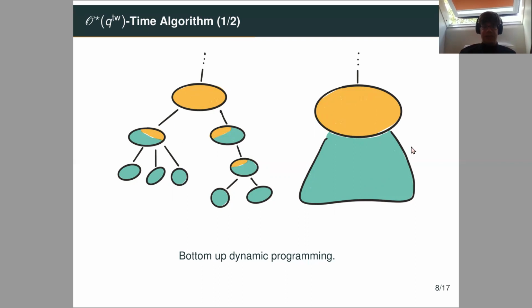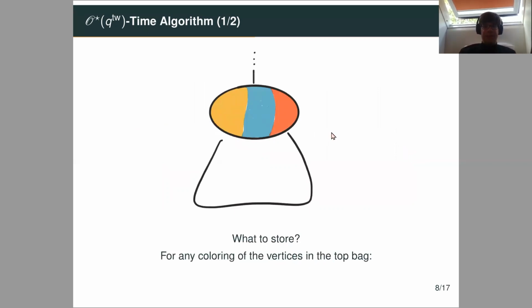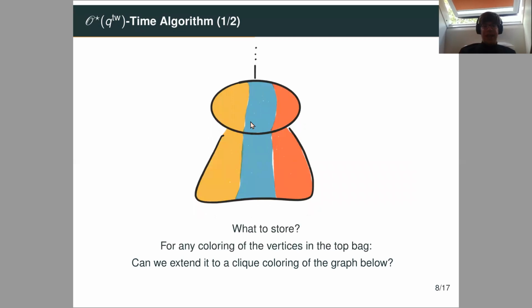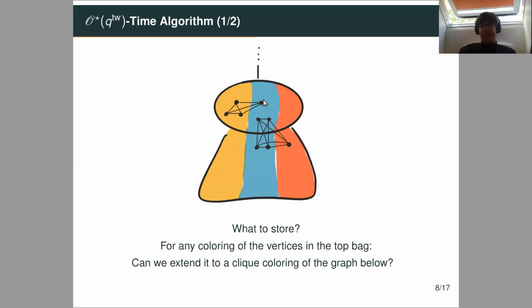Okay. So what do we store? So our first attempt would be, we just look at any coloring of the vertices in the top bag and we ask, can we extend this coloring to a Clique coloring of the graph below? So this means that whenever we have a monochromatic clique in this coloring, it cannot be a monochromatic maximal clique, right?